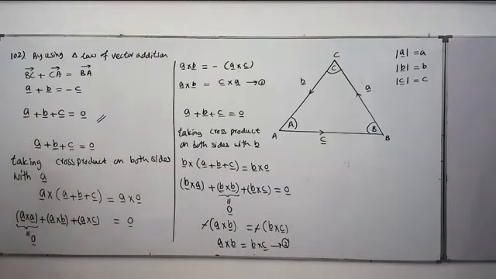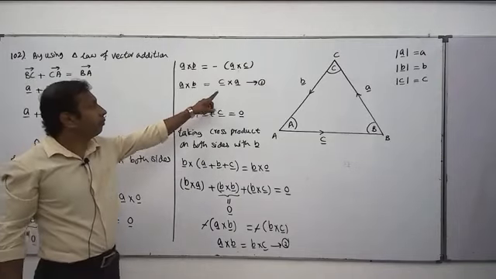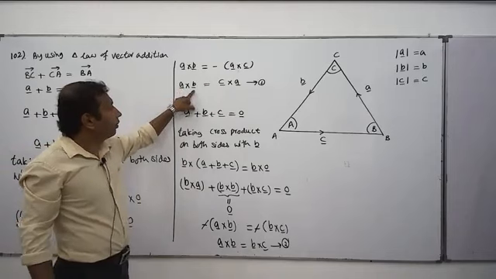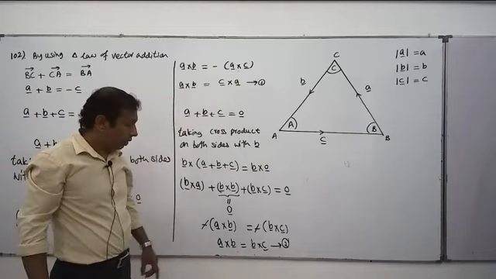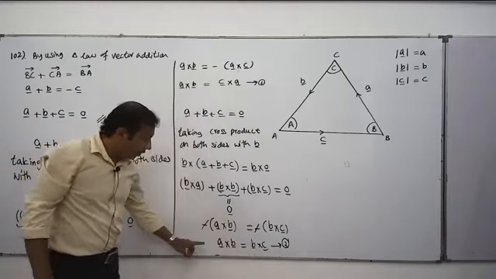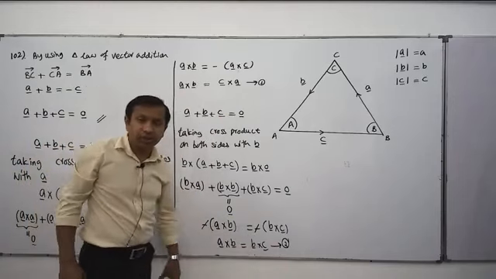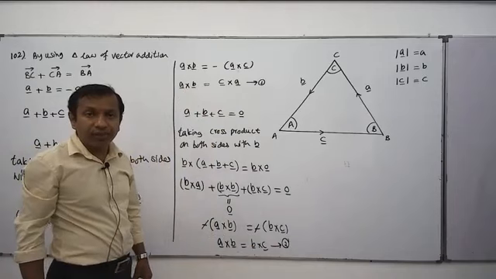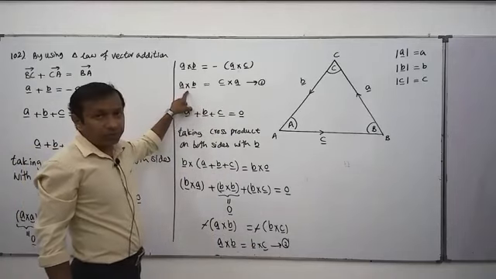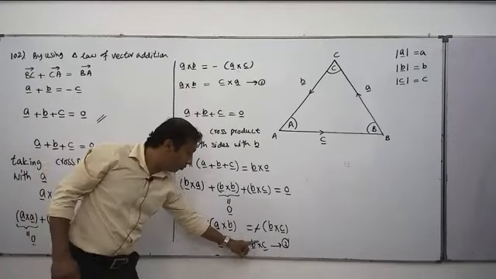See now, in number 1, A cross B is equal to C cross A. In number 2, again the same A cross B is equal to B cross C. Then what can we say? This is equal to this, and this is also equal to the same thing.